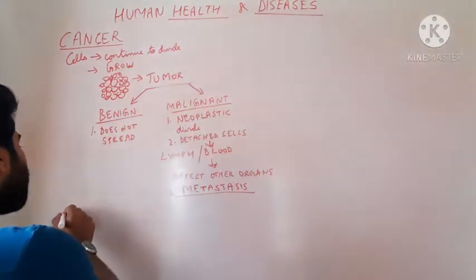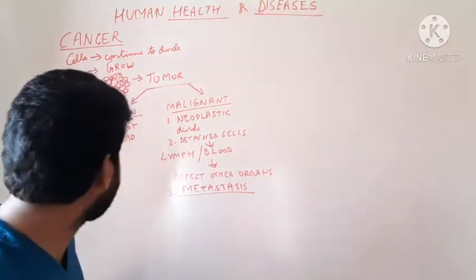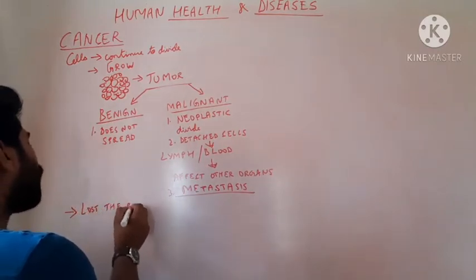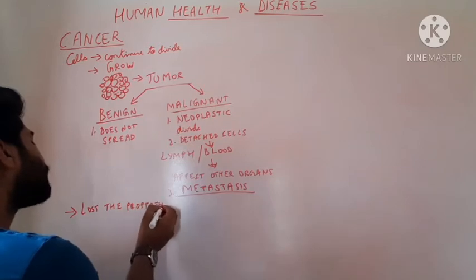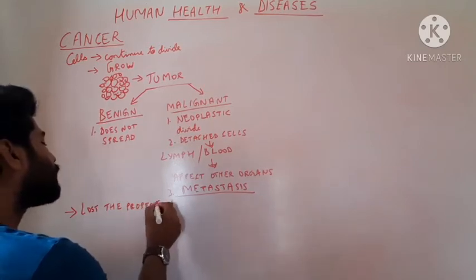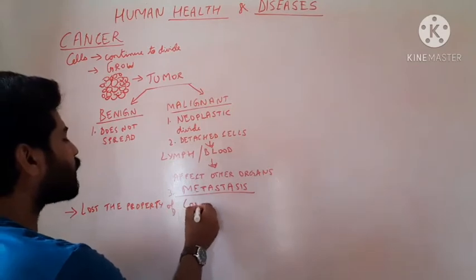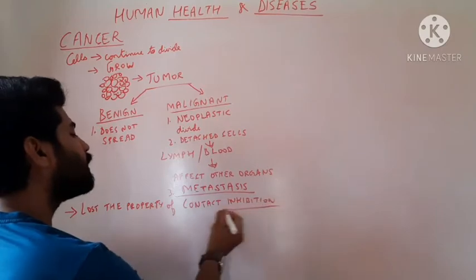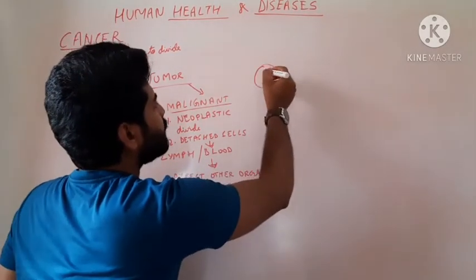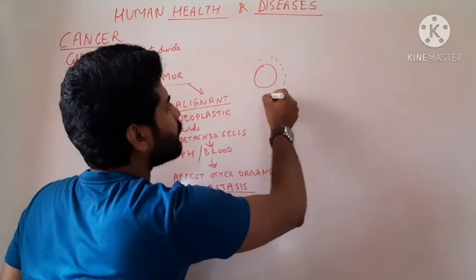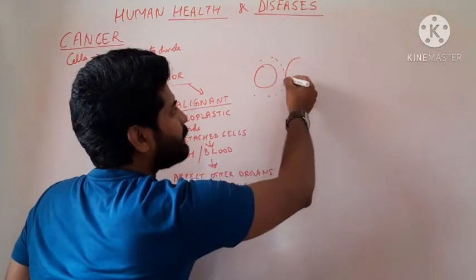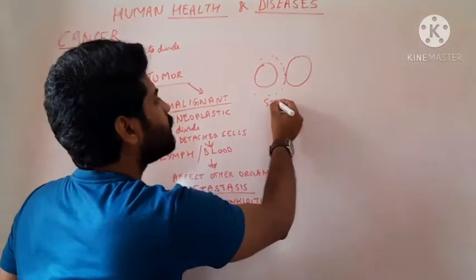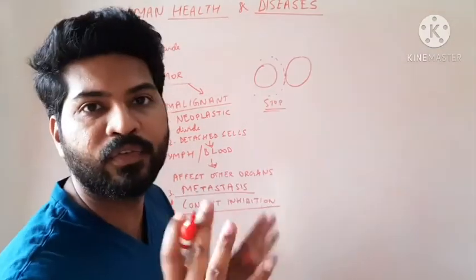And what makes cancerous cells different from a normal cell is that they have lost the property of contact inhibition. This is another reason for the formation of tumor. Contact inhibition is that in a normal cell, when a cell starts growing in size and as soon as it touches a neighboring cell, it will stop its growth. It will not grow any further.